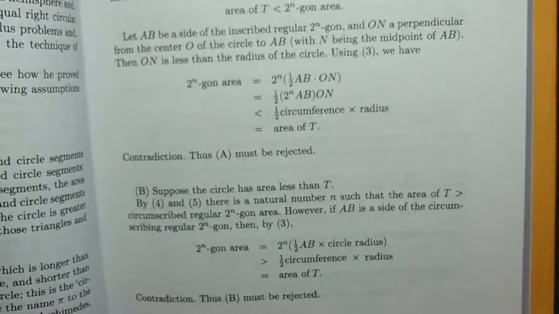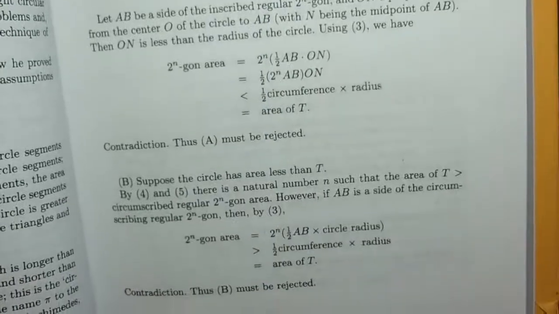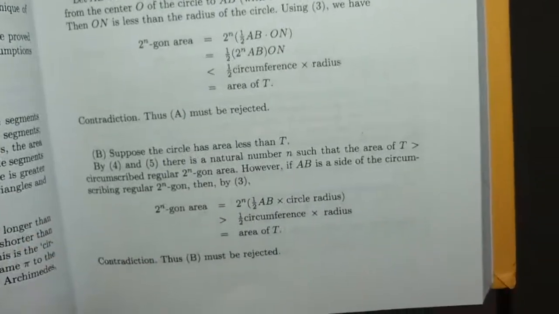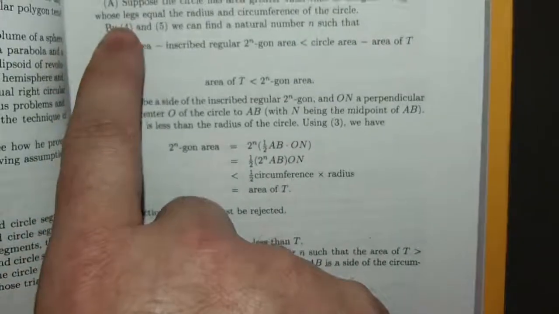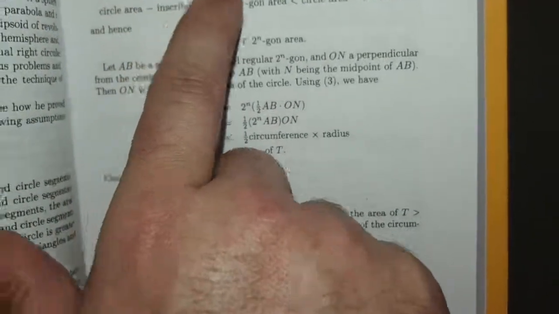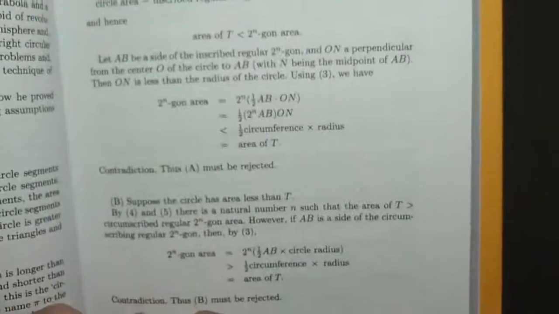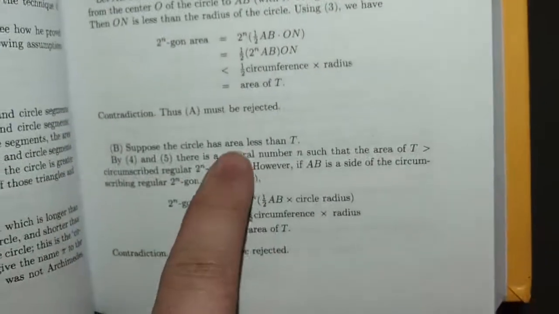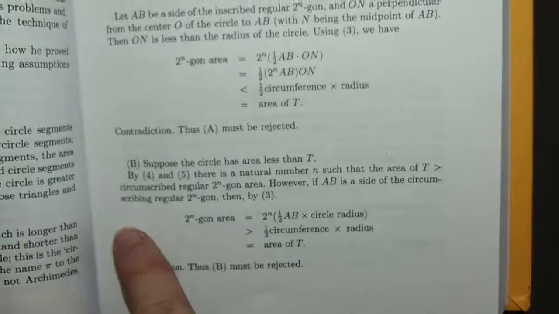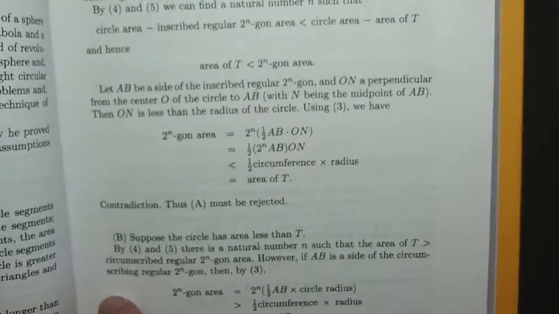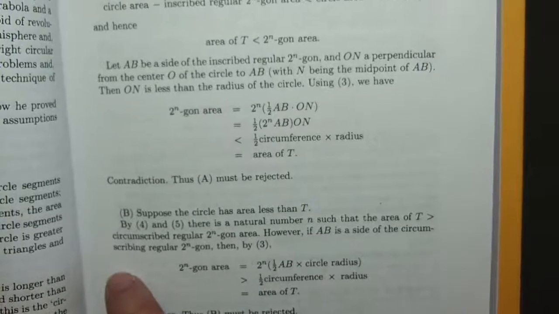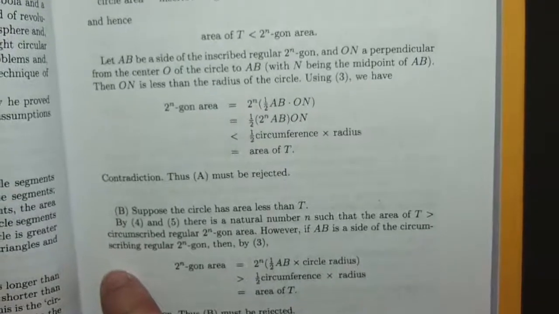inclusion. Now, this could have been done in a slightly more efficient way. You could actually have done these contradictions basically at the same time. But if my circle can't have area greater than that of the right triangle described in that way, but it also can't have area less than that right triangle, by a fact called trichotomy that Archimedes is implicitly using here, there's only one other option, right?